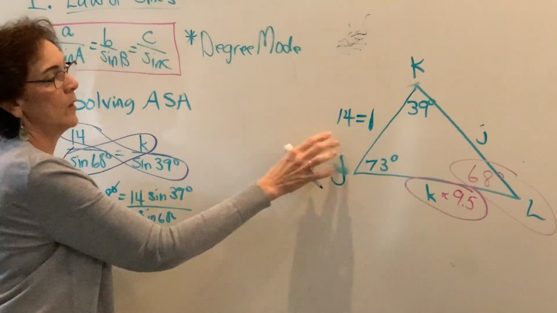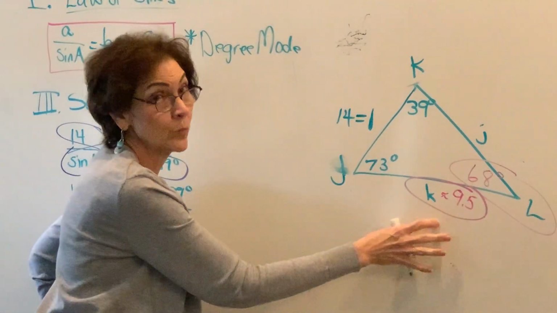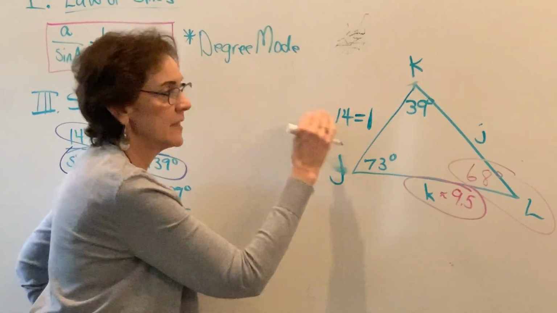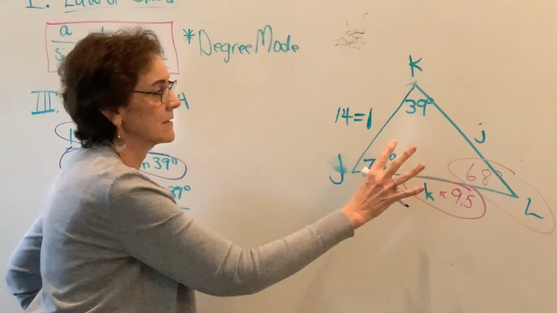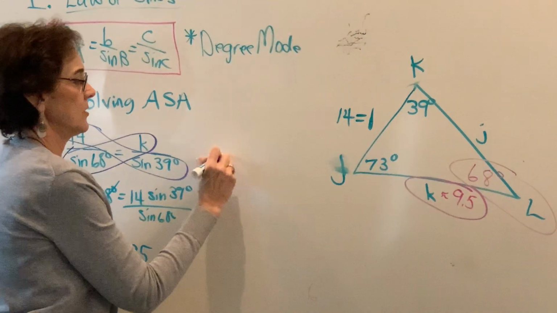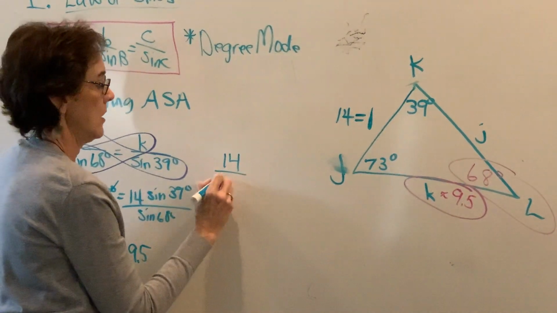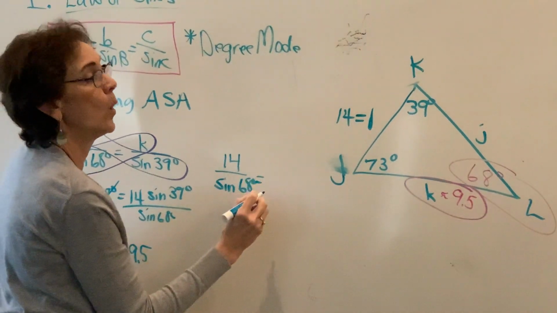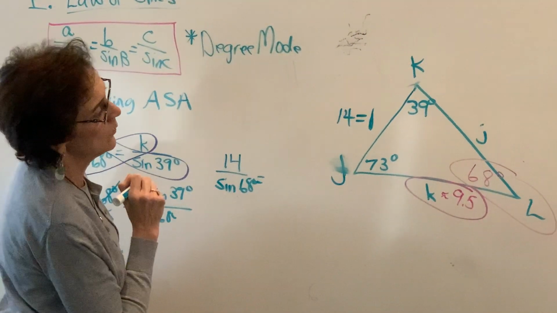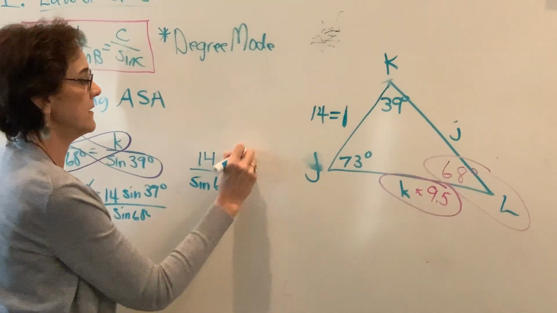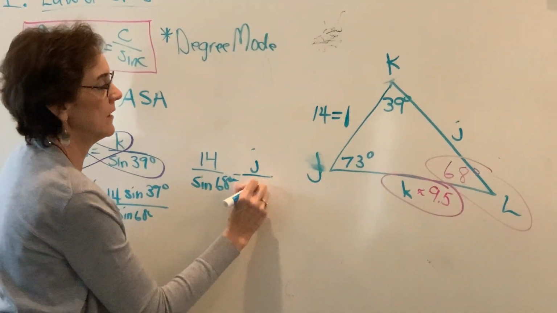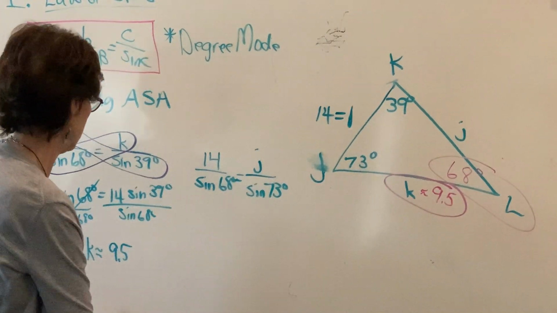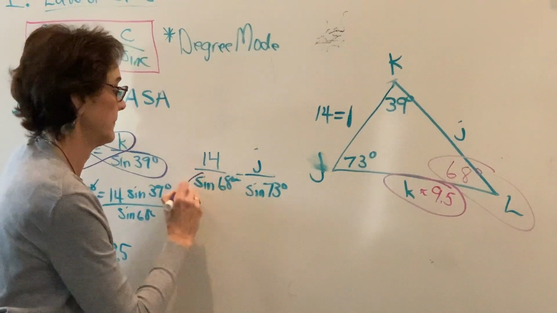Okay, and then J, find that one. We're not going to use this. That's a rounded number. Don't use that one, okay? Try to use something that's given, that is exact. So this one is exact. So 14 over the sine of 68 degrees equals, what are we missing? We're missing J. So J over the sine of 73 degrees. So once again, we're going to do cross products.